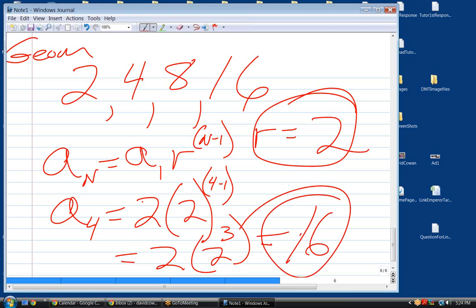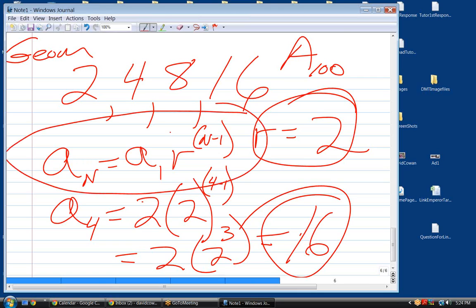Okay, cool. So if I said, what is the 100th term? It'd be hard to do it if you didn't know this formula. But if you know that formula, then a sub 100 is 2, the first term, times the common ratio 2, raised to the 99th power.